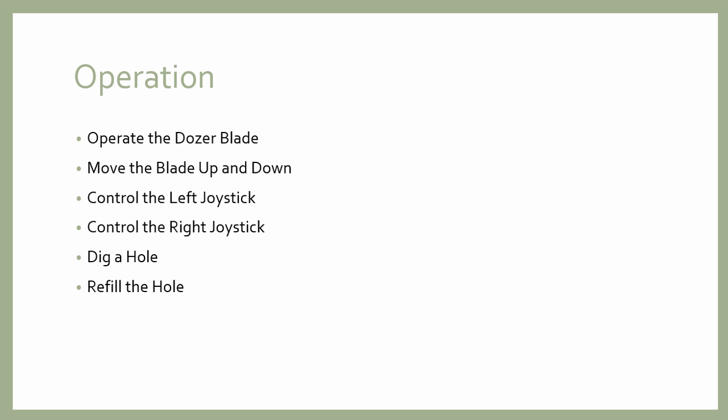With the help of the right joystick we can control the swinging of the driver's or operator's cabin. So the left joystick controls the movement of the boomstick and boom, and the right joystick controls the movement of the driver's cabin.